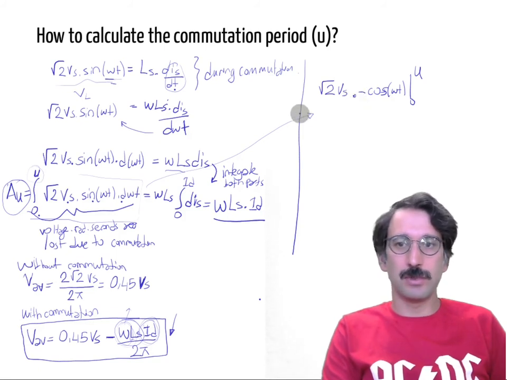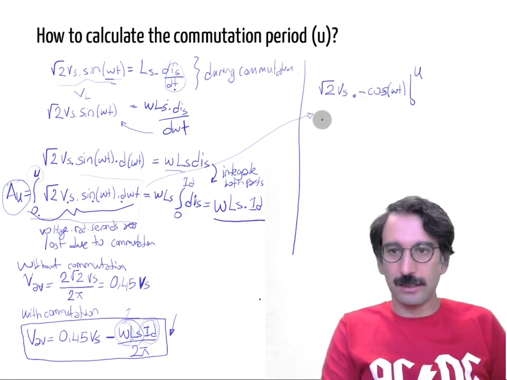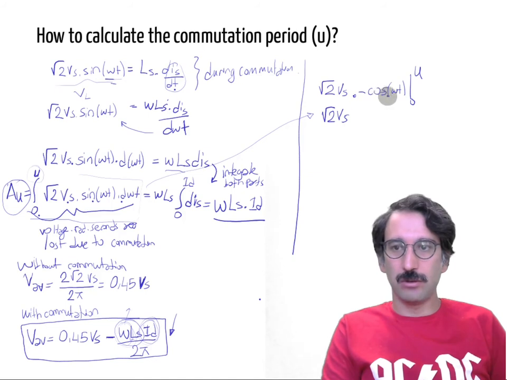This is just multiplication, and I can write that one as square root 2 Vs, and it is minus cosine u, and for that one minus 1, so it is like 1 minus cosine u. Okay, and what is that thing equal to? That thing is equal to omega Ls Id. So I'm just integrating that equation.